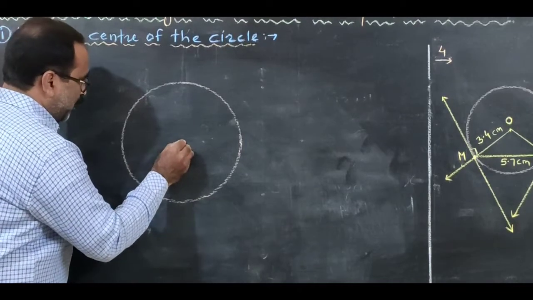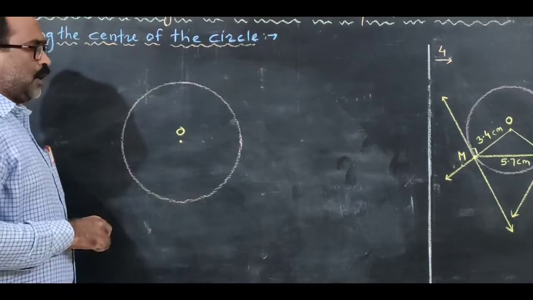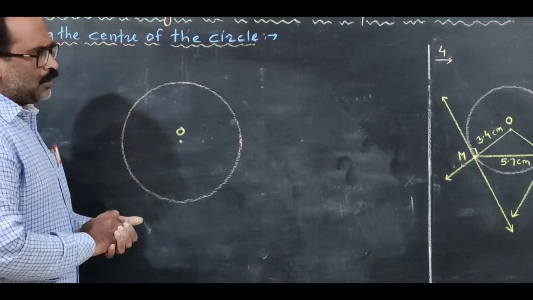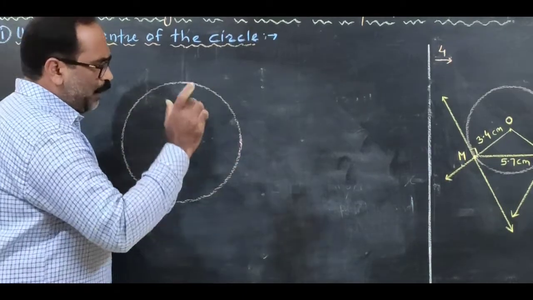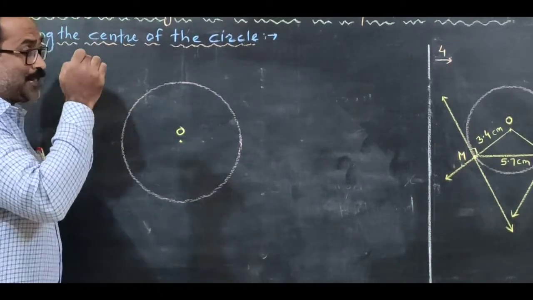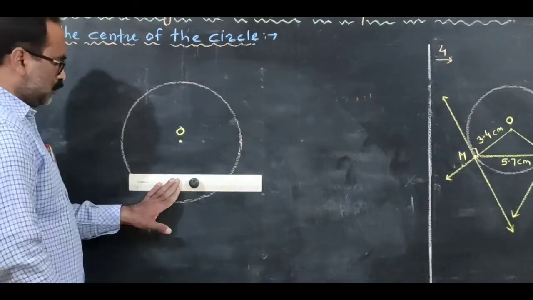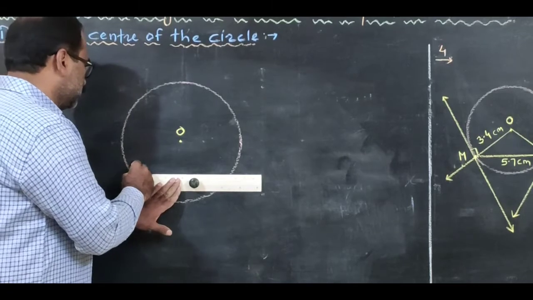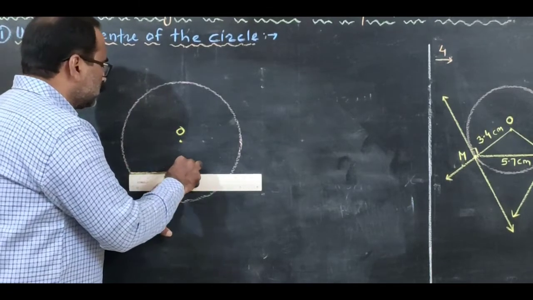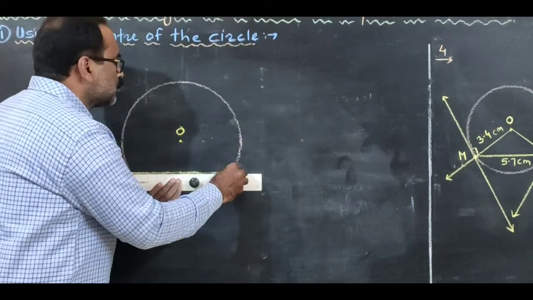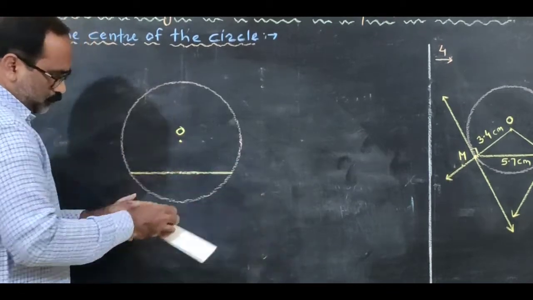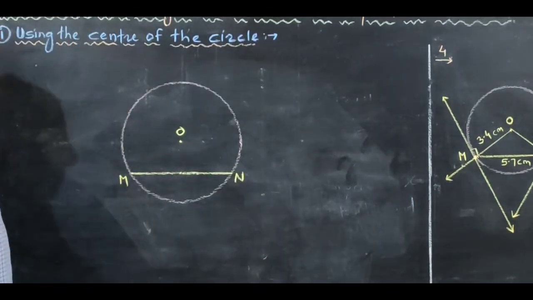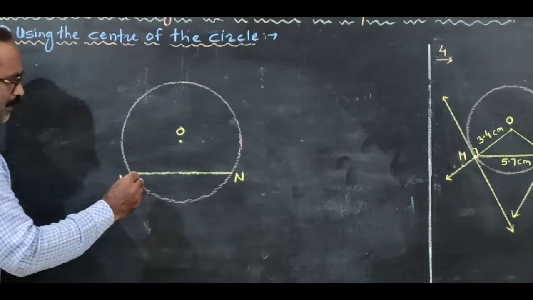The center of the circle we take as O. Now we draw a chord MN of length 5.7 centimeter in the circle. This is the chord of length 5.7 centimeter.